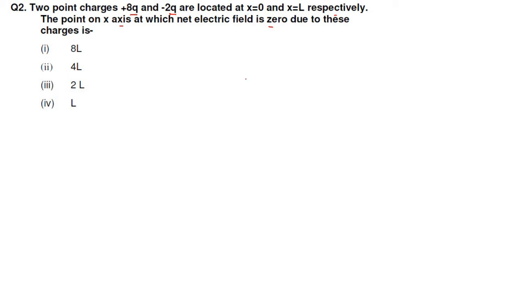At x is equal to 0 and x is equal to L. So let's say that this is the x-axis. Let's say that this is x is equal to 0. Say this is x is equal to L. At x is equal to 0, you have got a charge plus 8q.